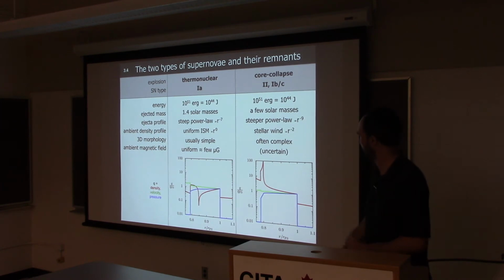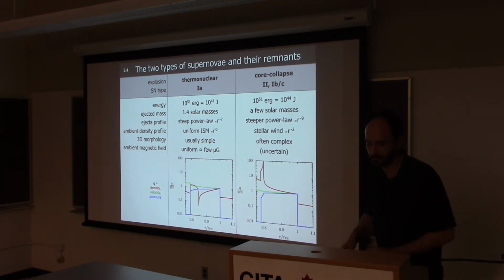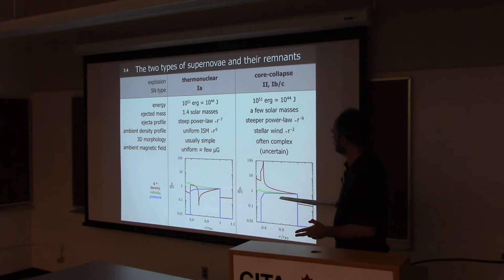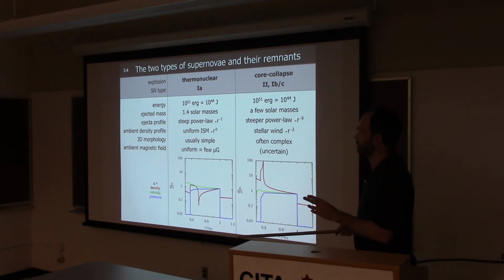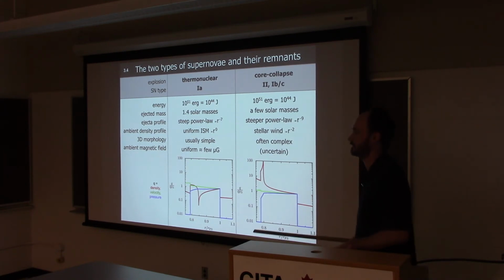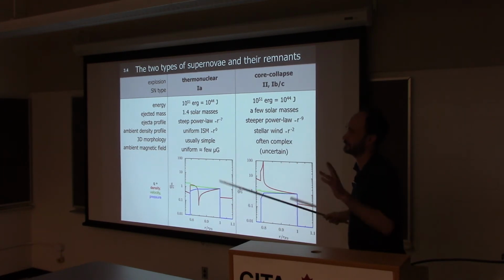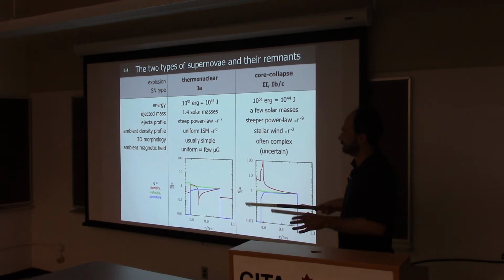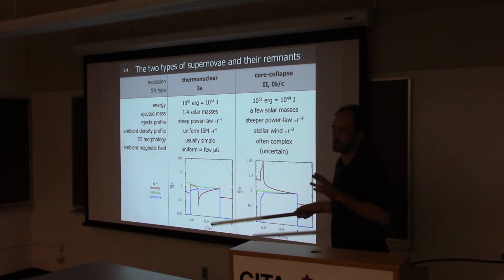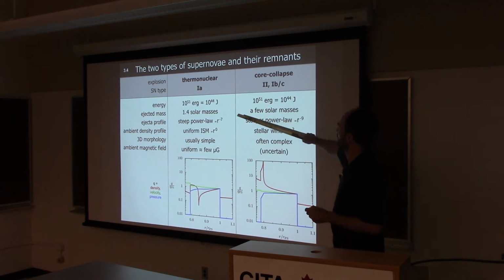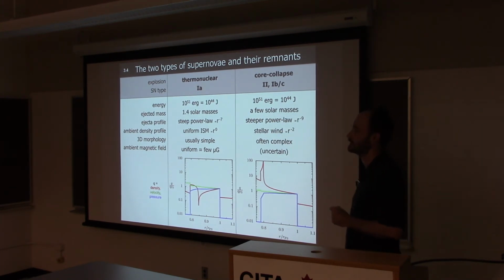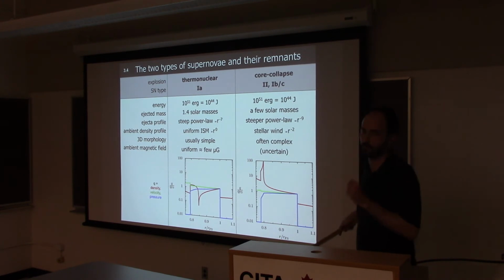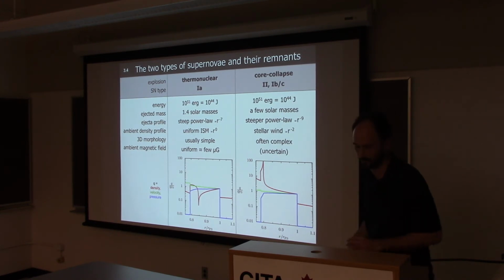So what happens when you use this kind of models? These are initial models that I didn't explain when I described how we do that. I start at a young age with this profile that includes the shocks, because when you use such power laws for the ejecta and the ambient medium, you have analytical solutions for the young supernova phase from Chevalier.